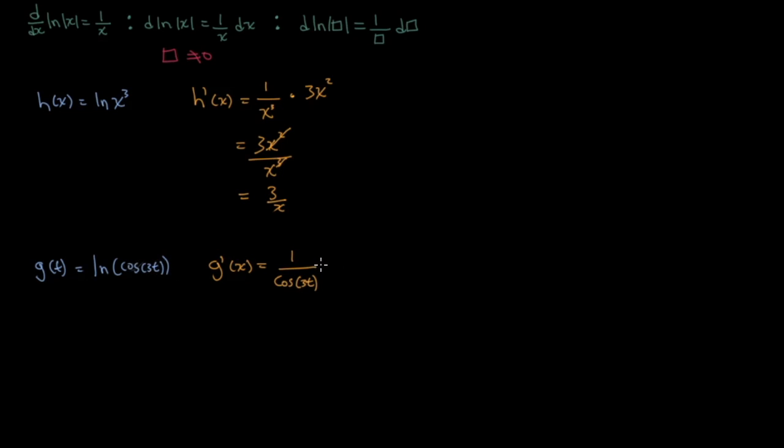Now we know that the derivative of a cos function is a negative sine function. So it's going to be times negative sine 3t. And then we're going to multiply this by 3. By the way, this should say g of t, not g of x. Excuse me.